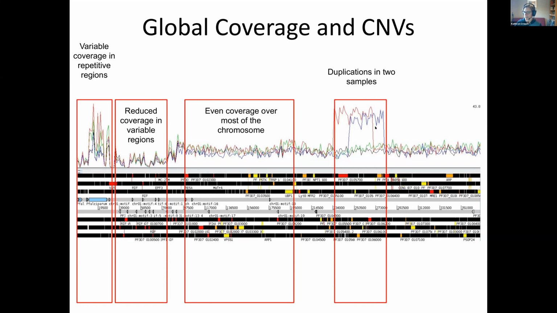And secondly, although you can't see the scale on here, the magnitude of this is a direct multiple of the background. In this case, this is actually a triplicated region, and I know that because the mean up here is 3 times the mean down here. So we can use these to find copy number variations in genomes.